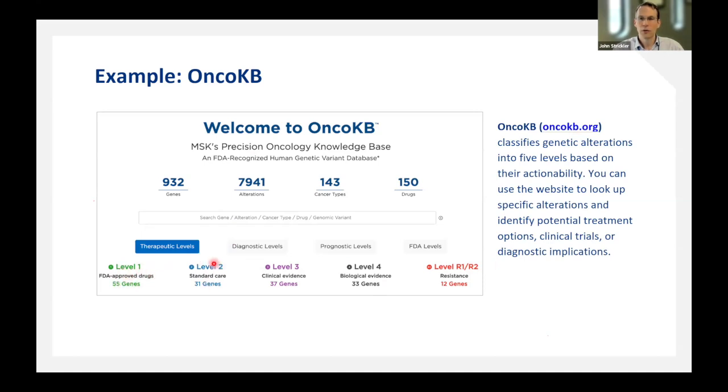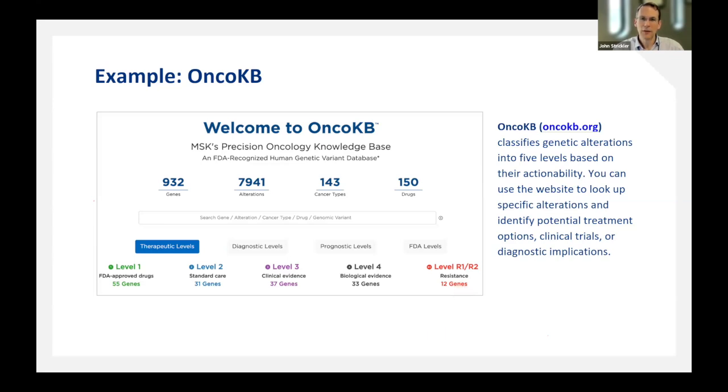Level 2 is maybe not an FDA-approved therapy, but it gives you access to a standard of care therapy. Level 3 means maybe there's some weak evidence on how to do it. And then it goes down from there. Now, level R1, R2 means that it is actionable, but it predicts resistance to some kind of therapy. So this is a tool that I've used when I get confused about actionability.